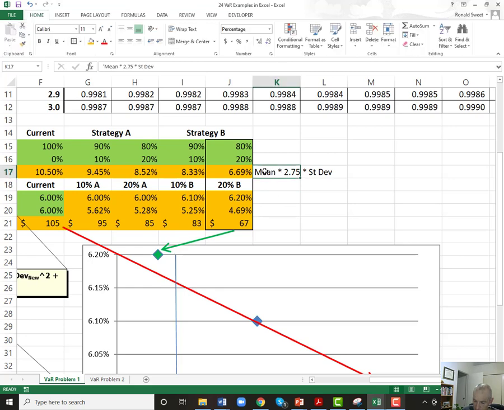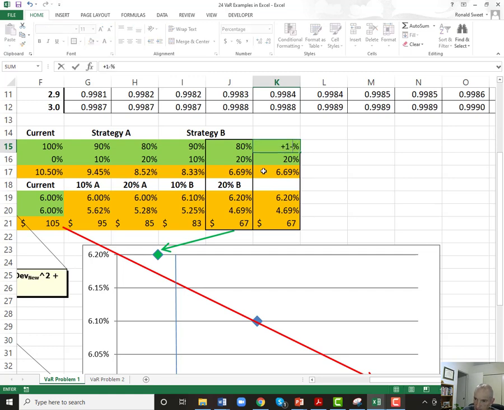Now, what's the actual best strategy here? Now I'm not going to combine A and B. I'm just going to do B because we know B is the better strategy. So let's say we got 20% there, and we want to find something that will give us a return.